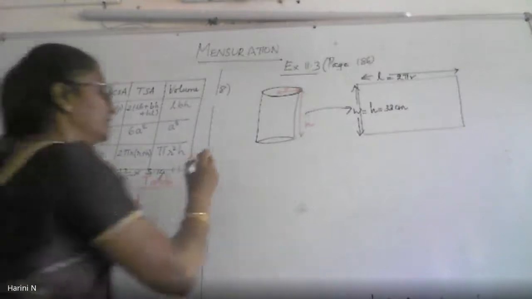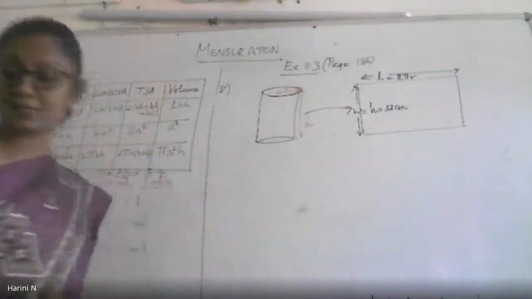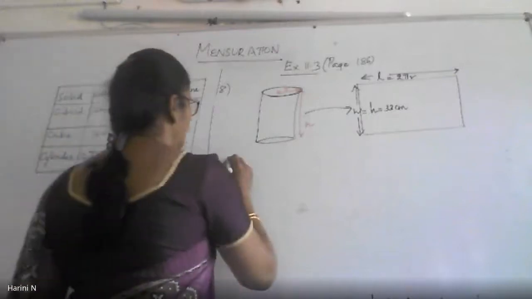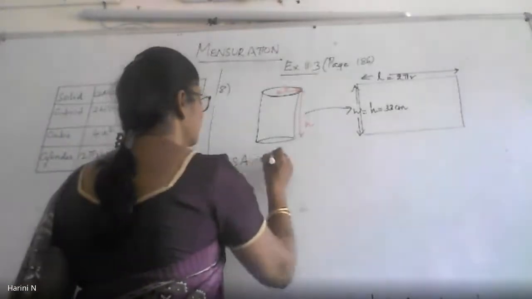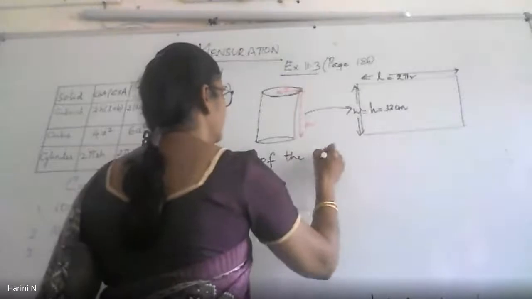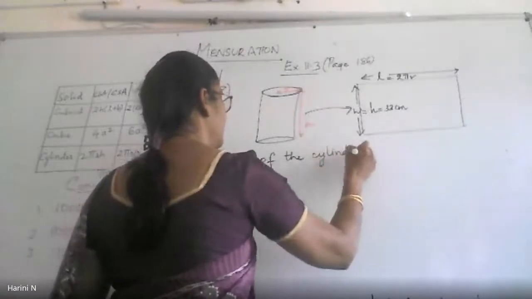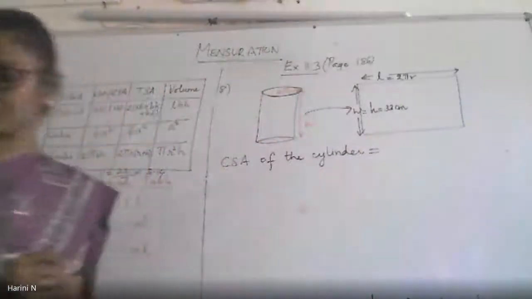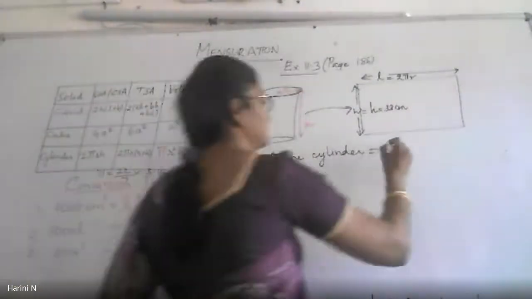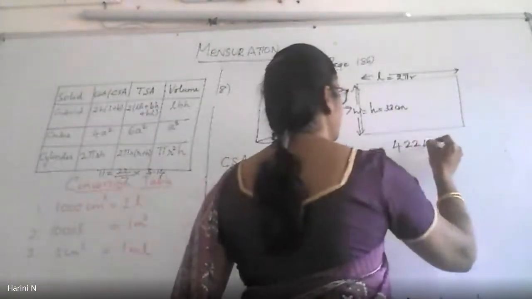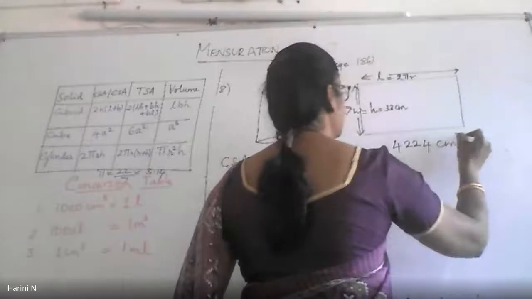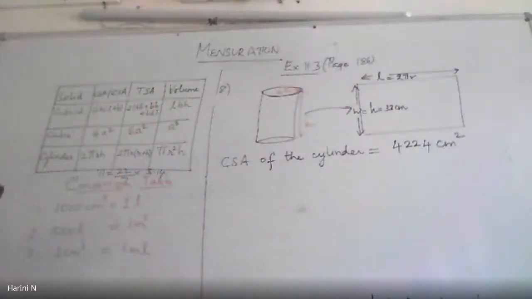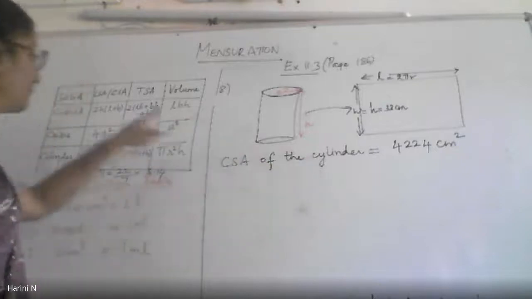First thing, the lateral surface area or the CSA of the cylinder is given to be 4224 centimeter square.